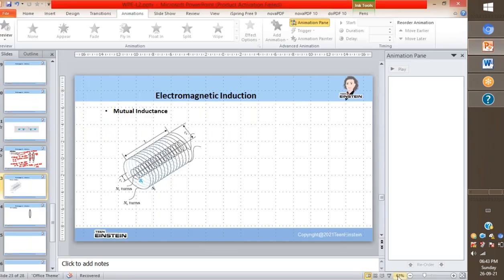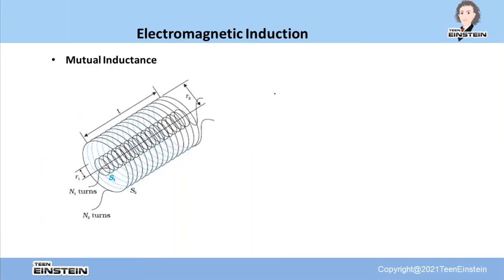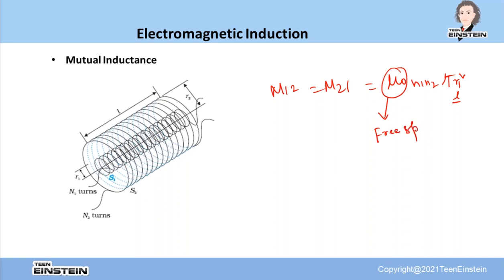I just want to mention, if some core material is there in this solenoid, here we have done it in the air medium, so that's why M21 we got as mu 0 N1 N2 pi R1 square L. This mu 0 is called free space permeability.